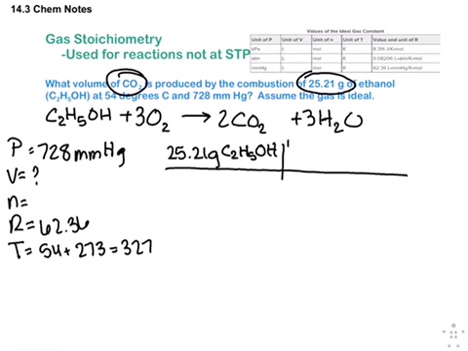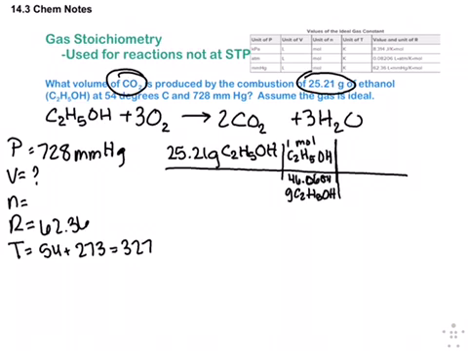So 1 mole of C2H5OH, and the mass of that, when you do your molar mass, it's 46.0684 grams of C2H5OH.